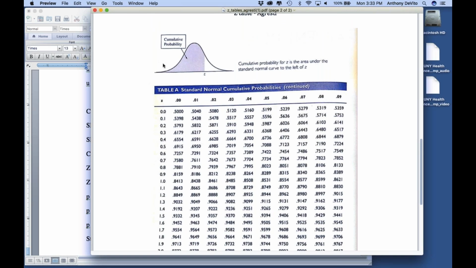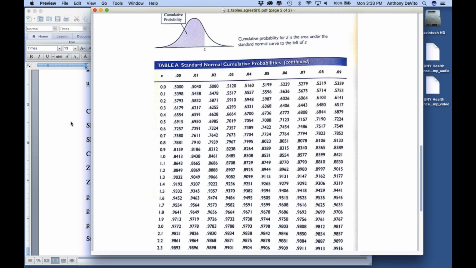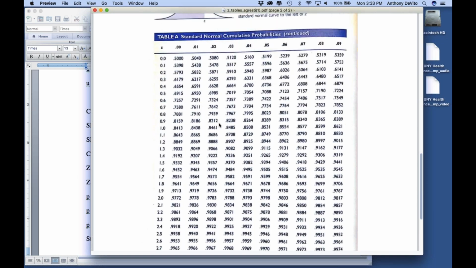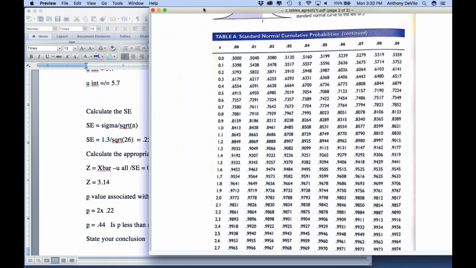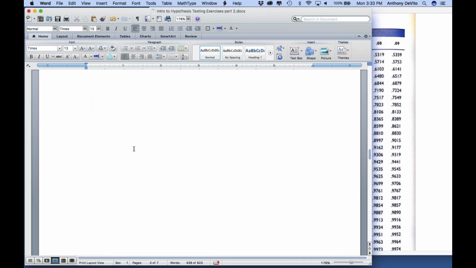It'll give you the area in that end of the tail, which is the same as the area in this end of the tail. You don't have to bother subtracting from 1 because it's symmetrical. The two tails give you the same area for the same z-score. So 2 times 0.0008.